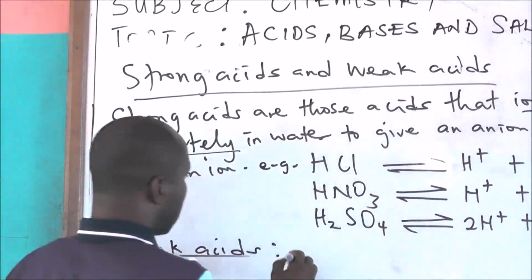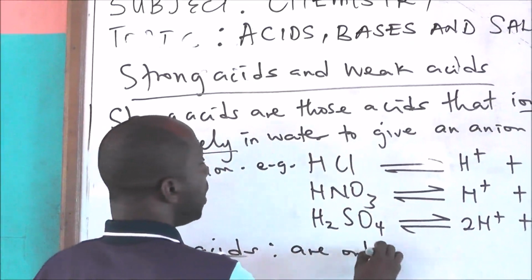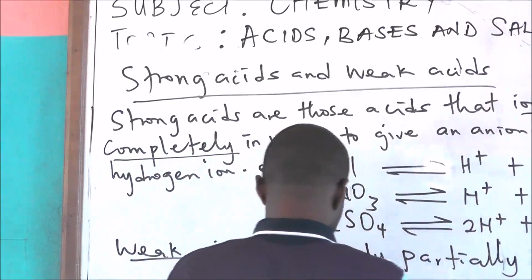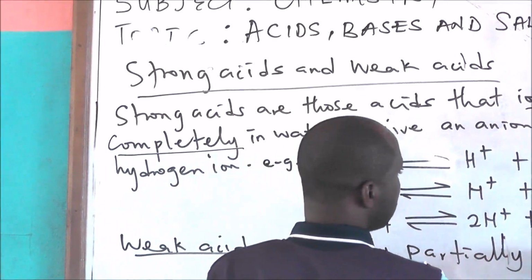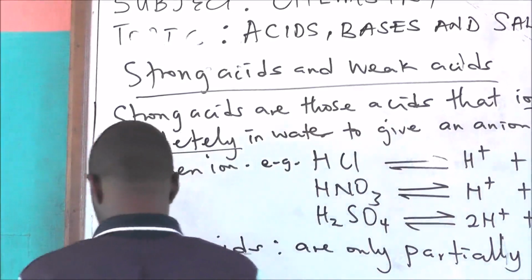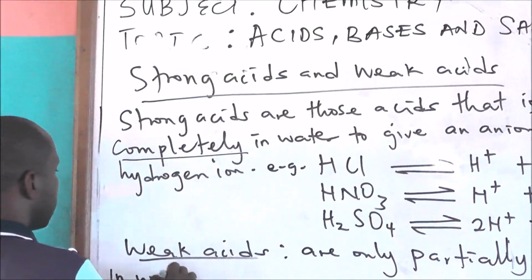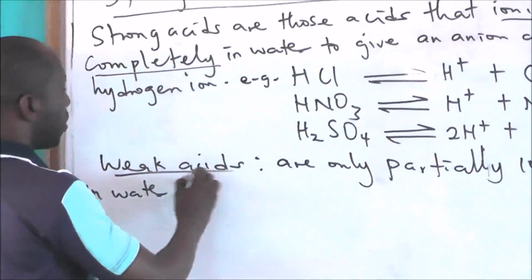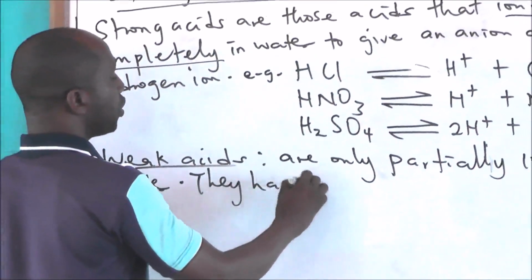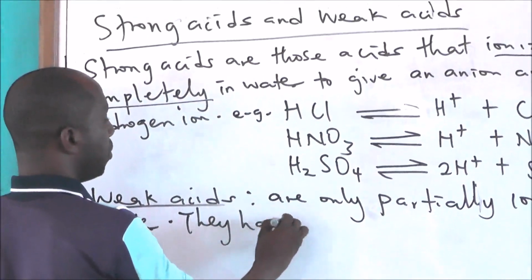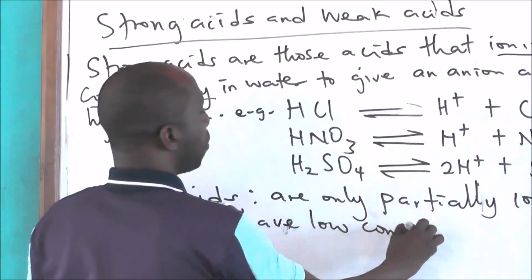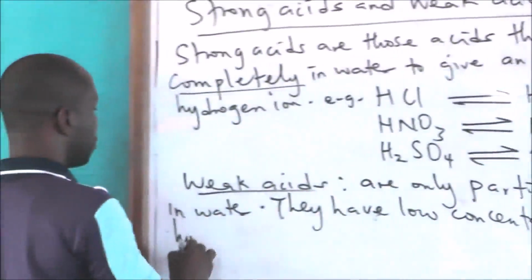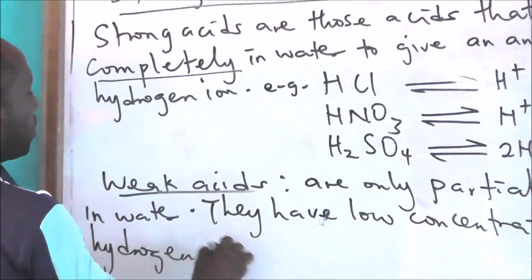So weak acids are only partially ionized in water because they have a low concentration of hydrogen ion.